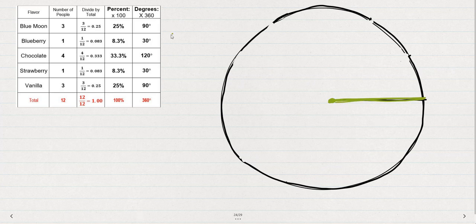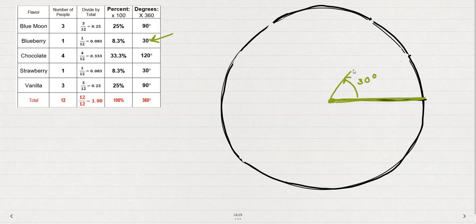I'm going to go ahead and put these in order from smallest to biggest. You don't have to do that, but I like to do a chart doing it in order by size, starting with the smallest. So I'm going to use my protractor to measure 30 degrees.